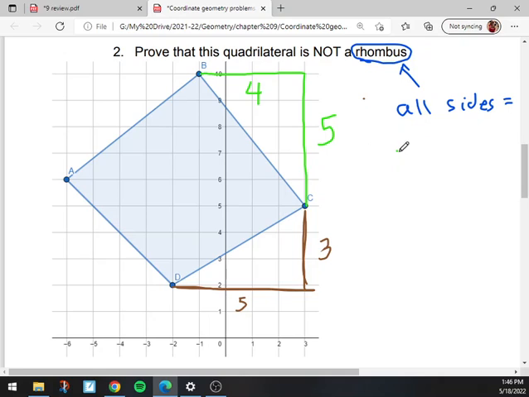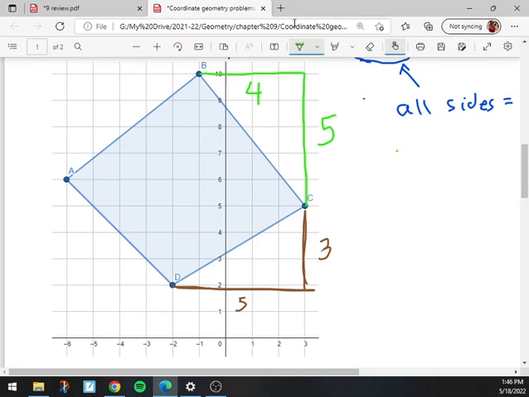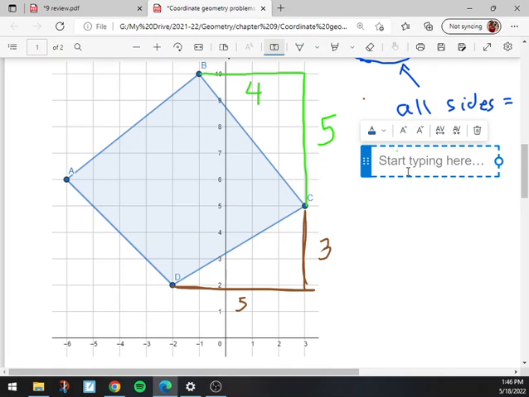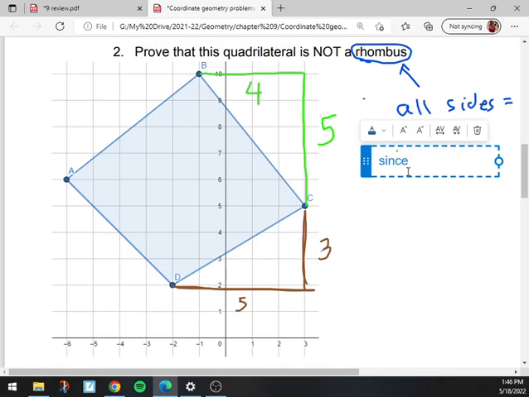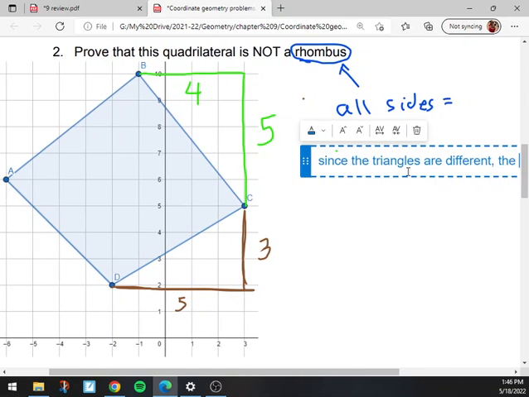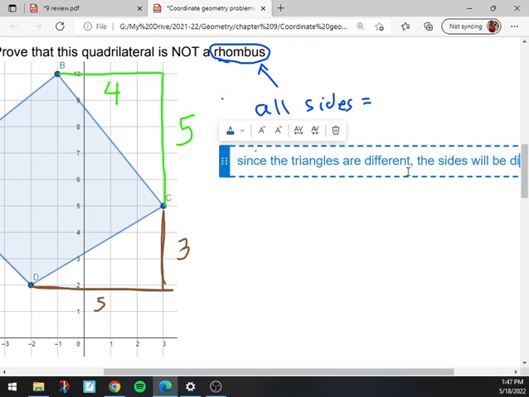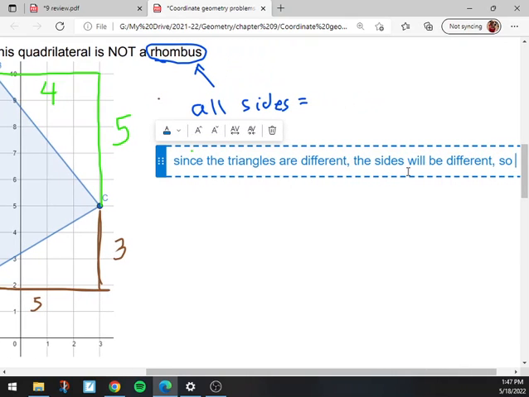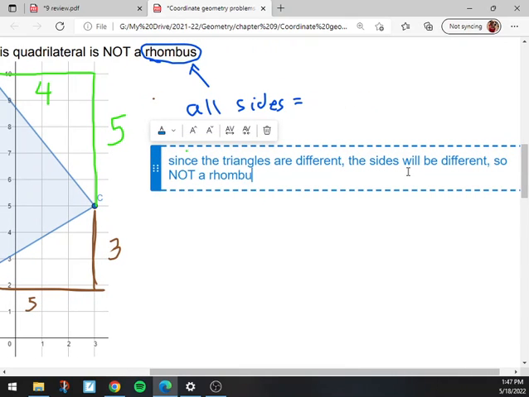So I am going to be asking for proving like this on the test. I wouldn't just write this. You'd need to say something along the lines of, since the triangles are different, the sides will be different, so not a rhombus.